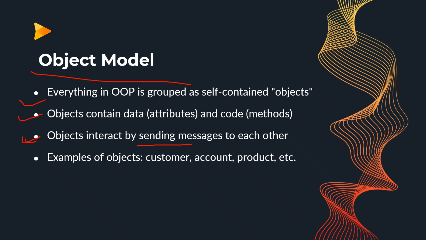We are going to see all these things in detail. If you don't understand this, then don't worry because we are going to cover all these things in our further videos with full details. Examples of objects are customer, model, account or product. All these things are real world objects.